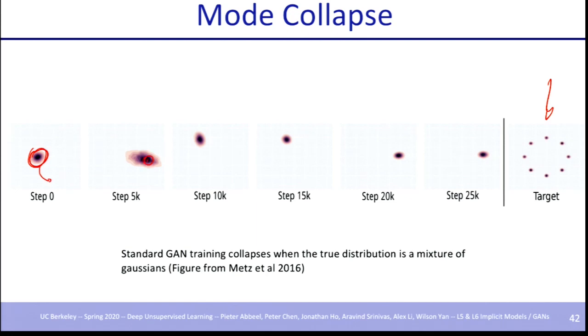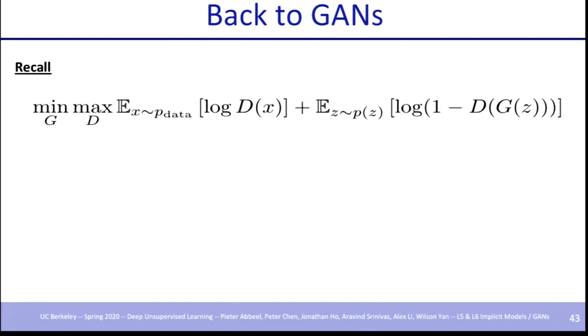You're in another spot, and at some point the discriminator catches up and says, well, if you generate here, that's no good. I know that is generated because only 1/8 of the real samples will come in that spot. And you get in these cycles where the generator hops around from mode to mode to mode. The discriminator catches up, and the generator hops around again. So that's one of the challenges with GANs, the mode collapse and making sure you can cover modes.